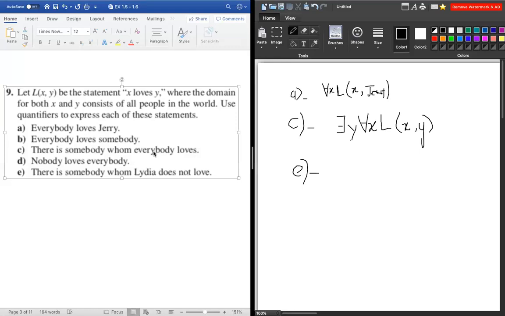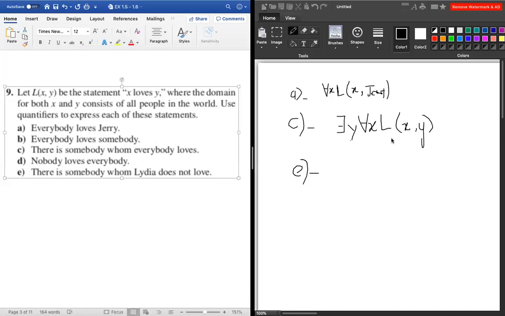I understood till the inverted A X, but why did you write L of XY over there? Can you explain that part? If we look at the question, it says that L of XY represents the statement X loves Y. It's a function, we have to use the function.